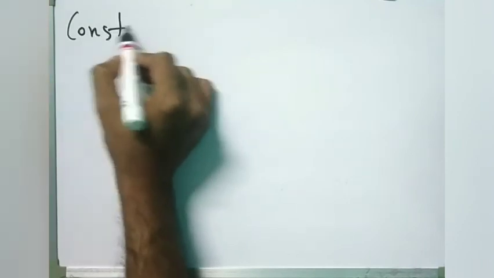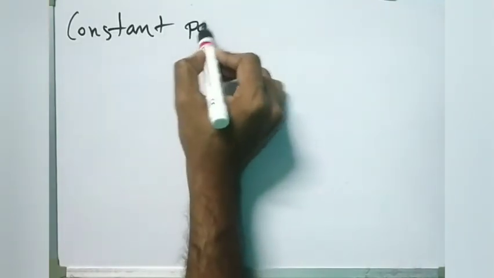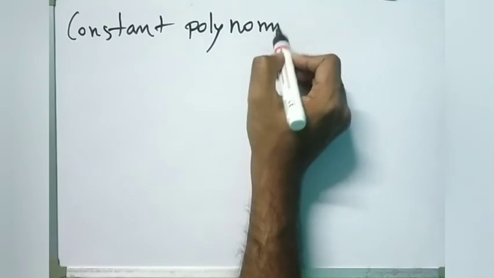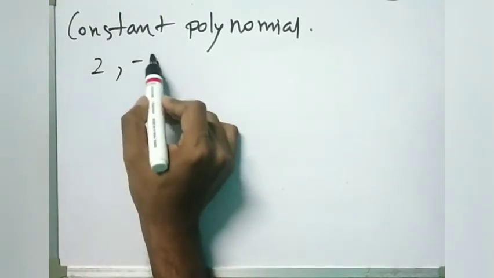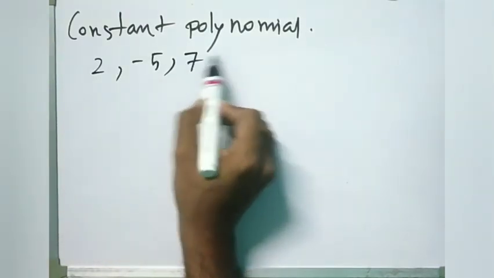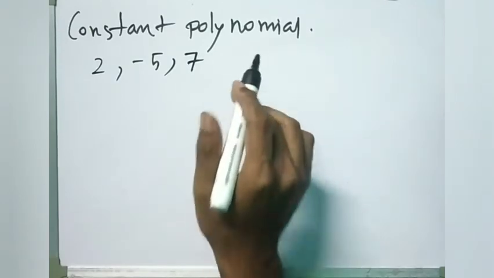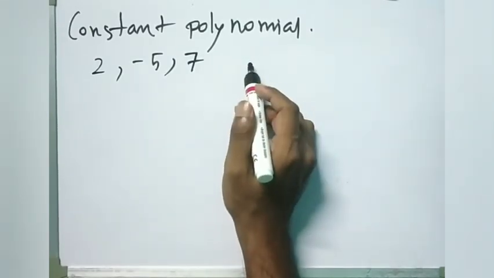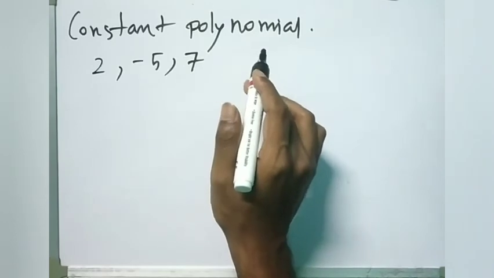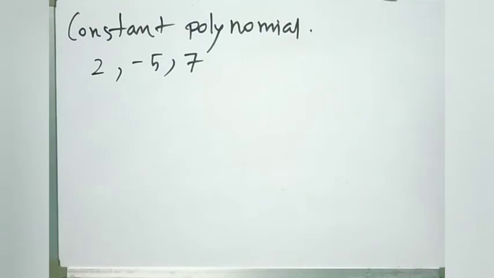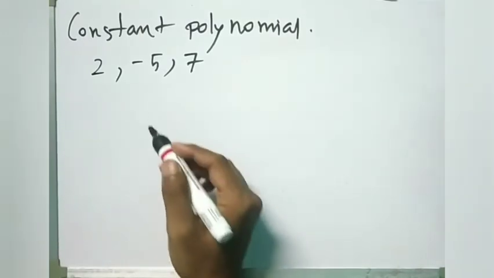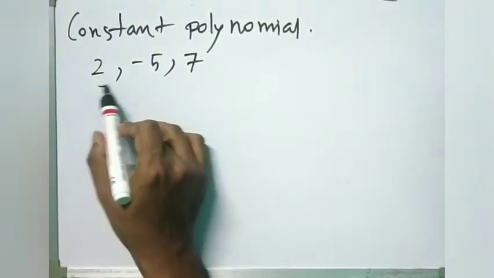Constants like 2, minus 7, minus 5, 7 are called constant polynomials. Why are we saying these are polynomials?